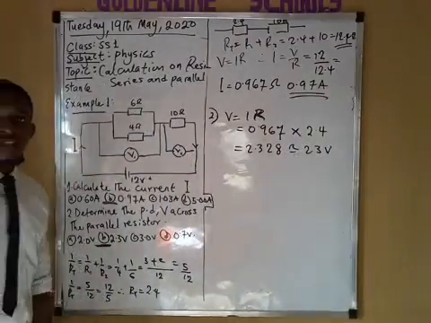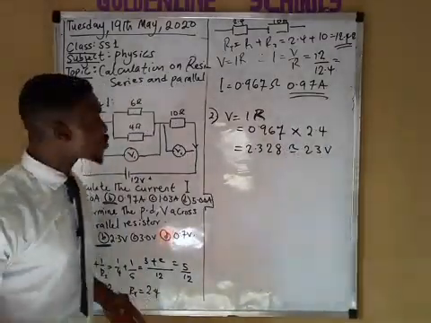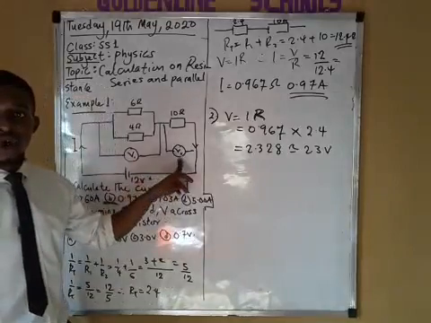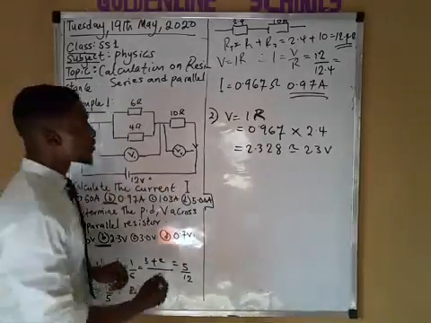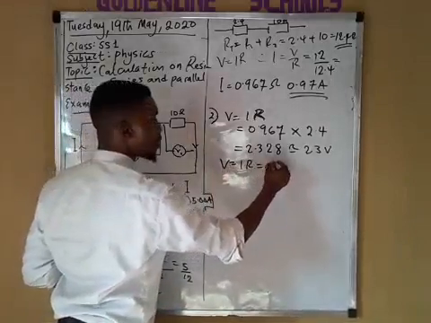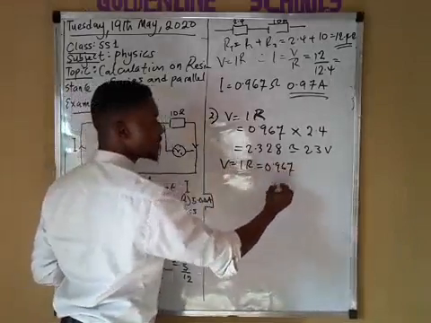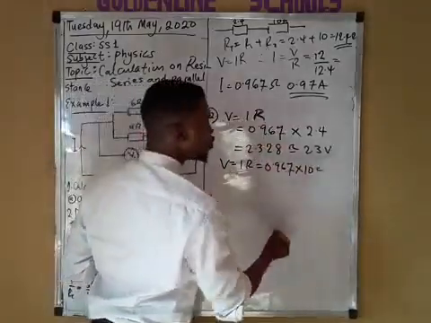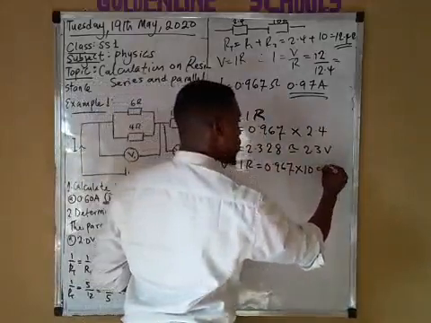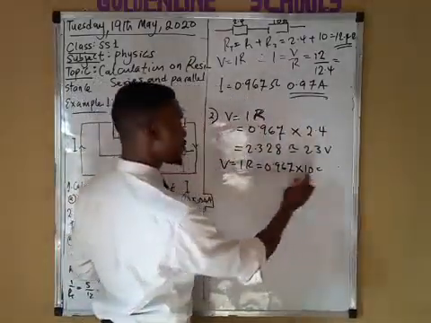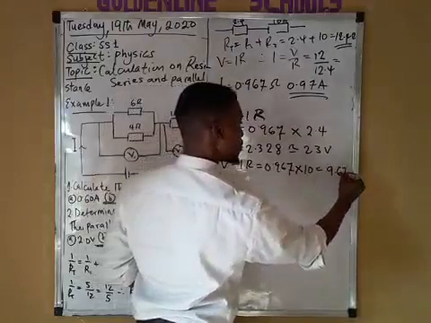Now, if you are asked to calculate the potential difference across this, like I told you, you are going to have V is equal to IR. So it becomes 0.967, which is your current, times your resistance, which is 10 ohms. 10 times this will give you 9.67 volts.